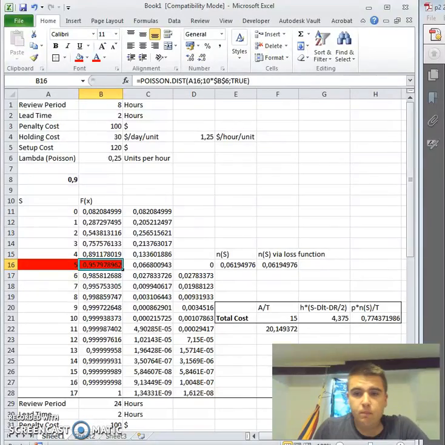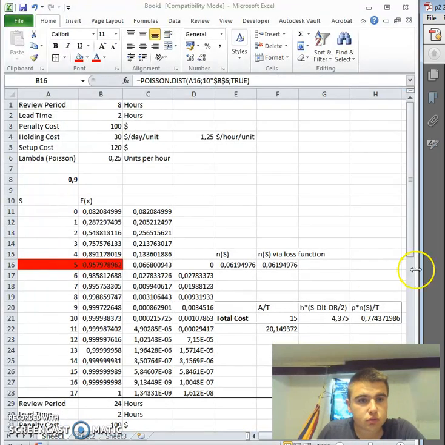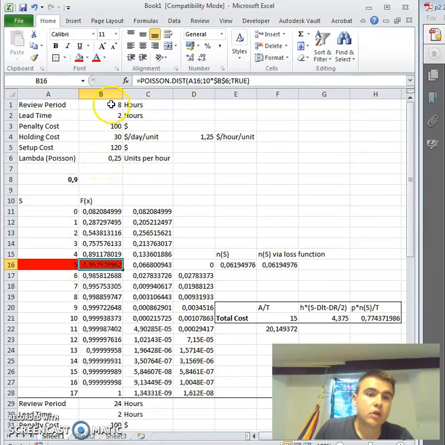Then in question B, we have to find the total cost based on this formula, which is given here, and we actually know almost all the parameters except the demand during the lead time and the demand during the cycle time, but this is very easy to determine, because the demand during the lead time is simply 2 times 0.25, and the demand during the review period is 8 times 0.25.